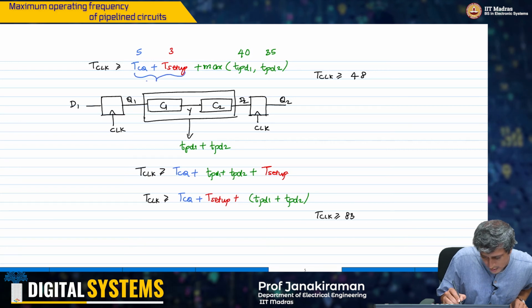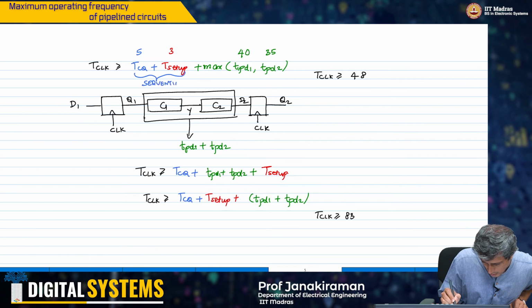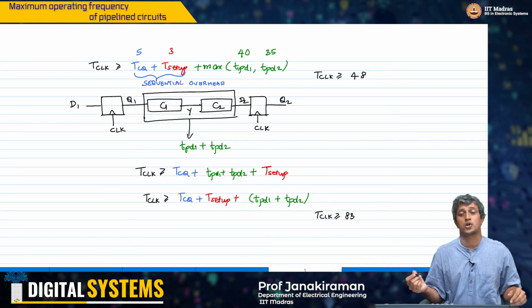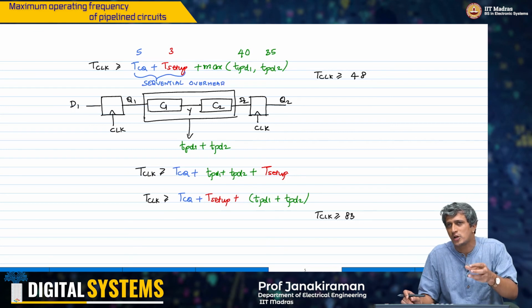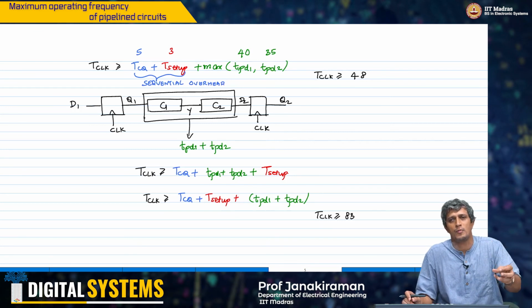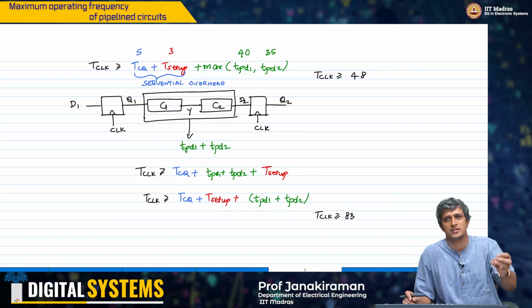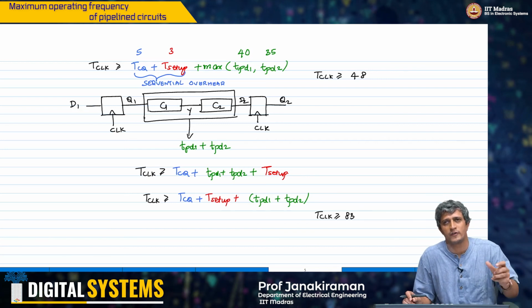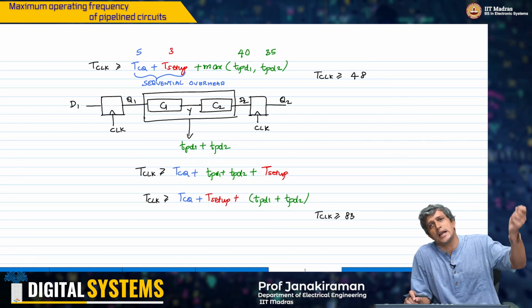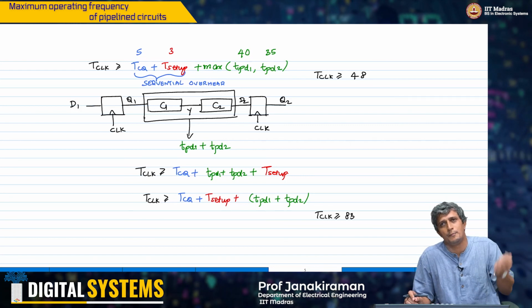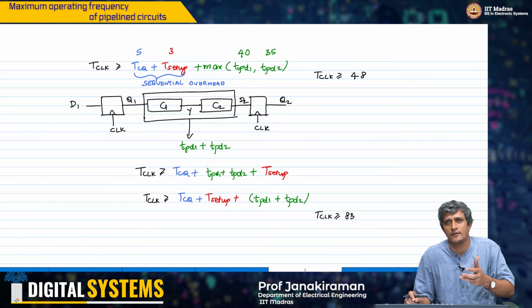This is what actually prevents you from adding one flip-flop at every step, because there is a penalty even in delay. If you keep adding like this, you are not going to get the benefit of pipelining eventually, right?